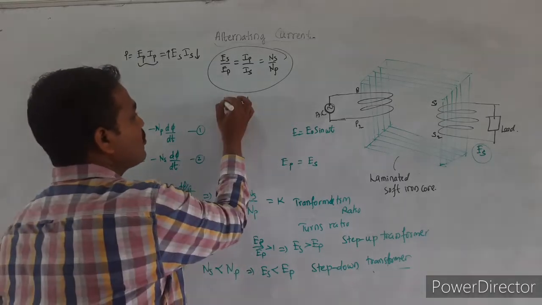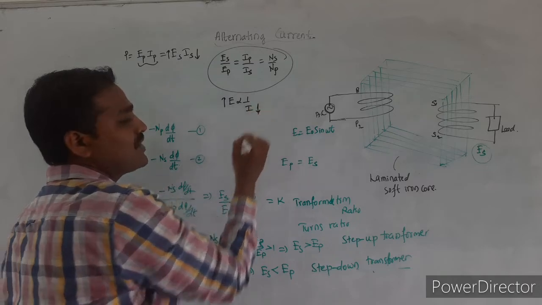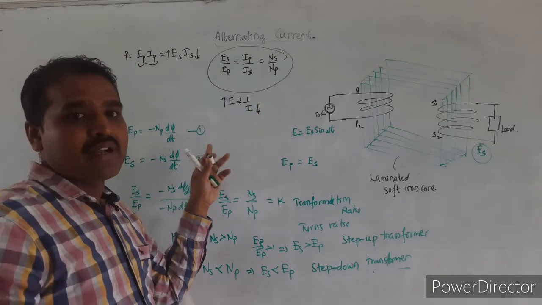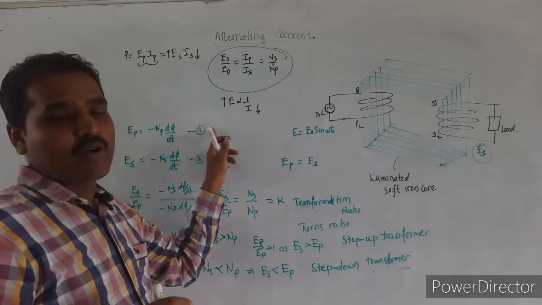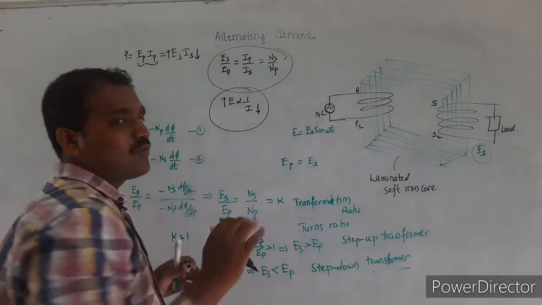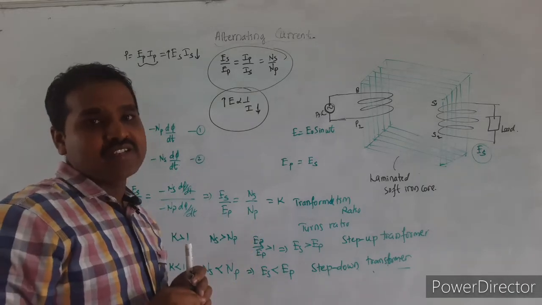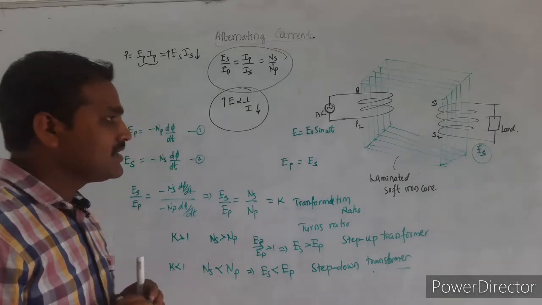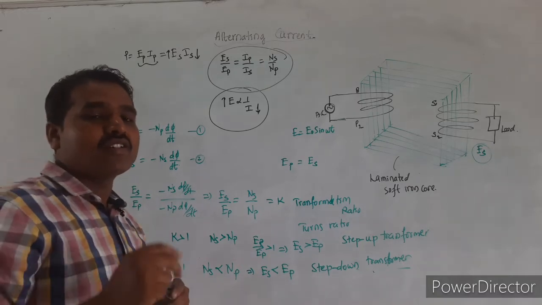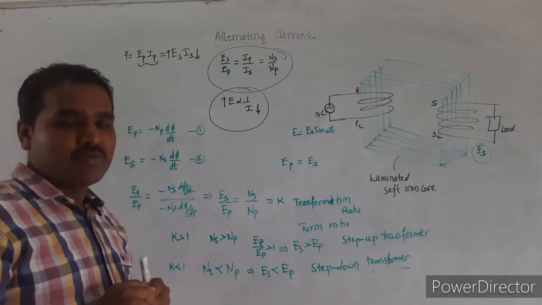If output EMF is increased, definitely the output current must be decreased, to maintain constant power: input power must be equal to output power. Based on this, the values of voltage and current proportionally change. This is how the transformer works to increase or decrease the value of input voltage.